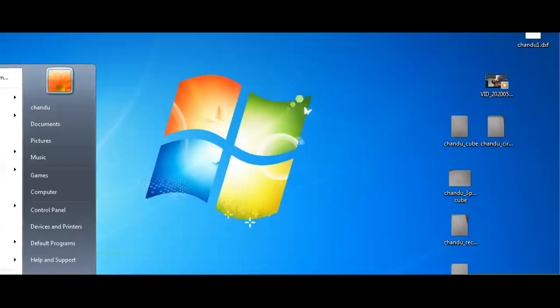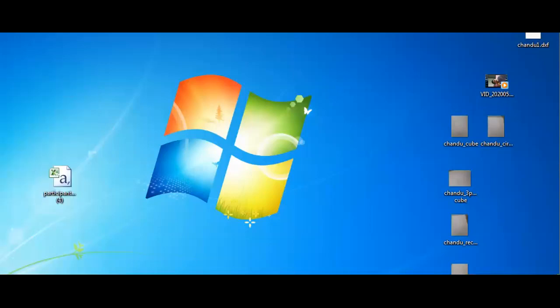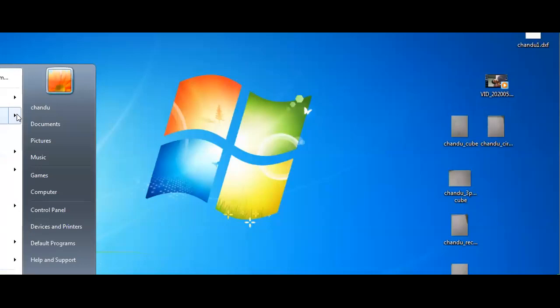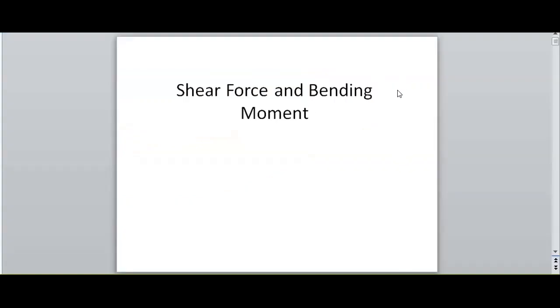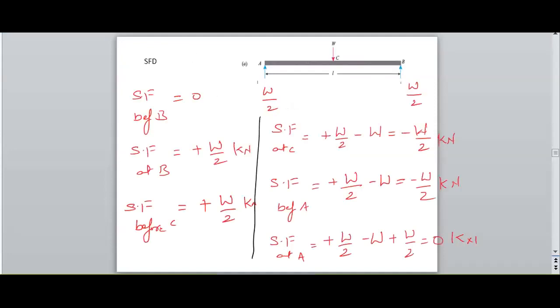Therefore, I need to draw the shear force diagram for the beam which has the three point loads RA, W and RB.